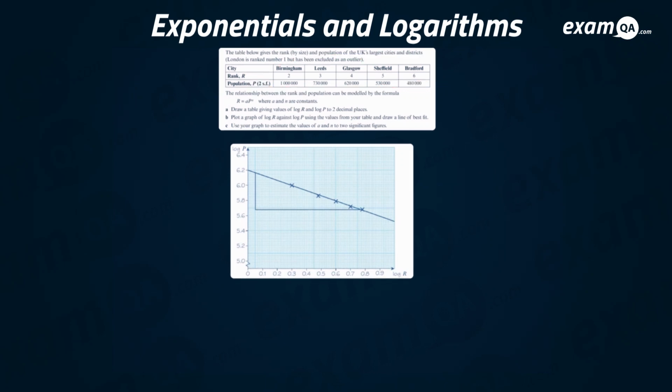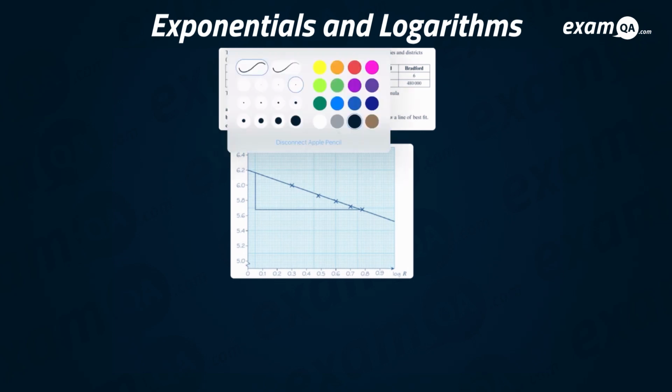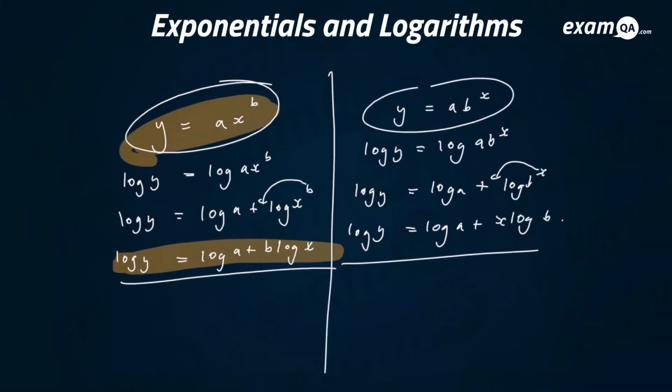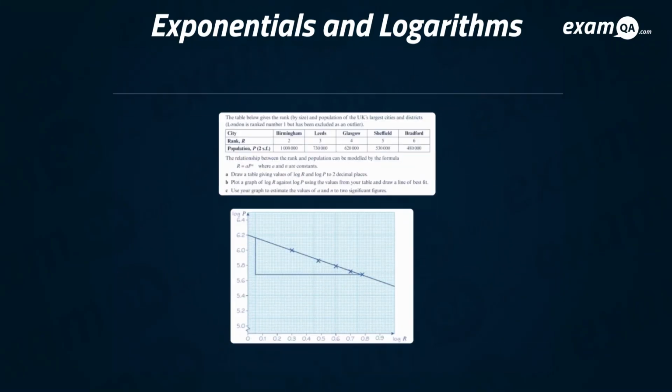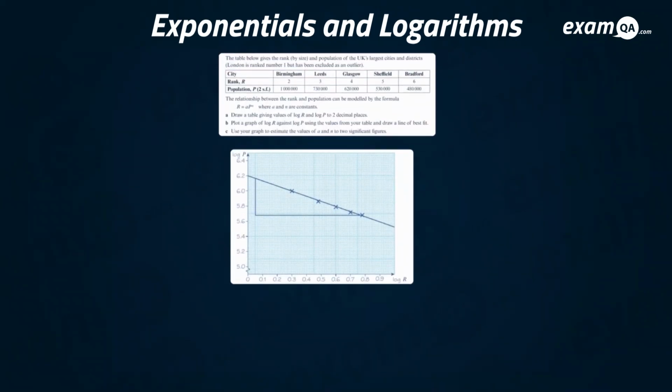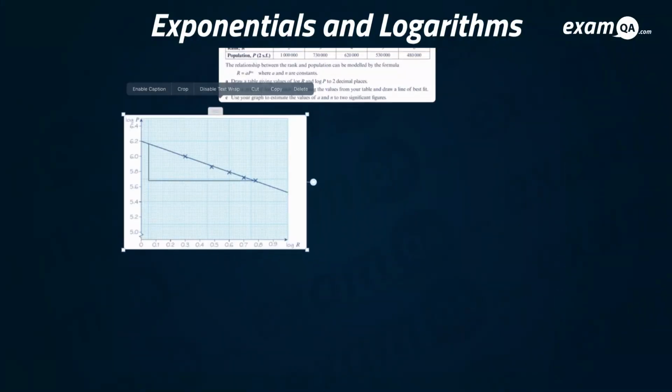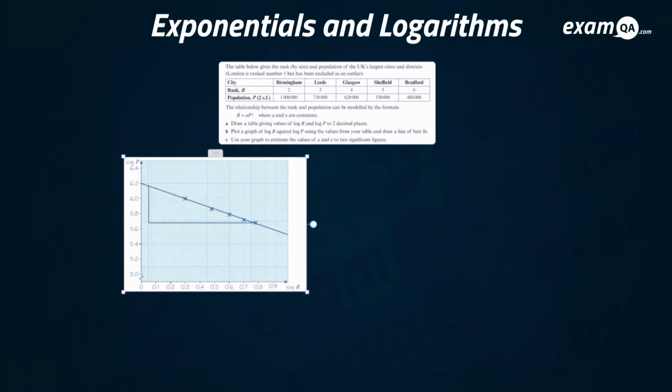Okay, so part C says use your graph to estimate the values of a and n to 2 significant figures. Now, this is where we're going to sort of use the log forms we were looking at before. And I'll show you exactly how and why we use it. So what I want to do is I'm just going to bring this to this side a bit. And I want you to pay attention to this r equals ap to the power of n. They say where a and n are constants.